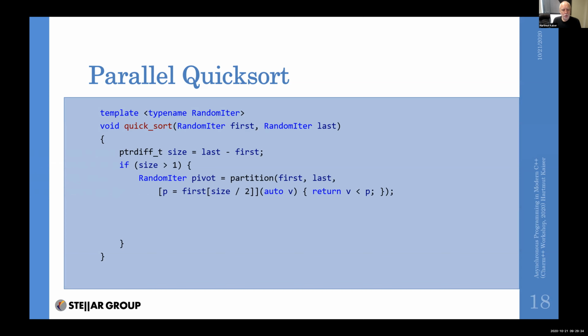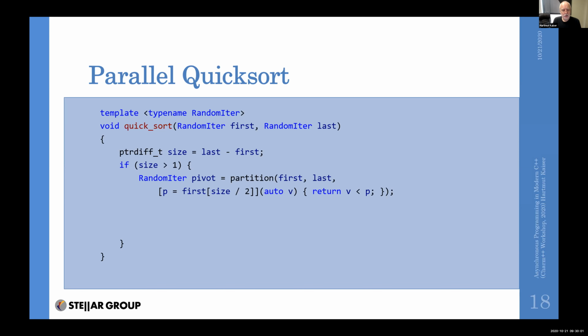So the easiest way to implement Quicksort is to select a pivot point, which in this case is the middle element in our sequence, assign it to p, and then the lambda we pass to partition is a predicate which tells us whether the current value is smaller than the pivot point or larger or equal to the pivot point.